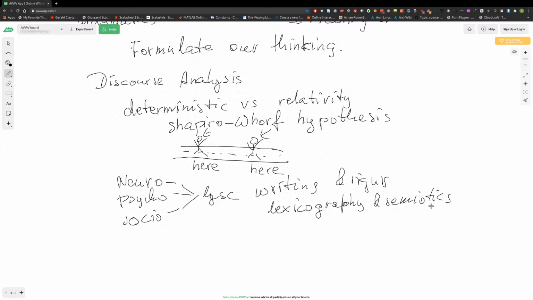Which is basically the study of signs and sign meaning, right? So we will talk about what it is in detail as we get to the different meanings of words. But for now, this is, as I said, by means of introduction of how much and how potent the study of language is.